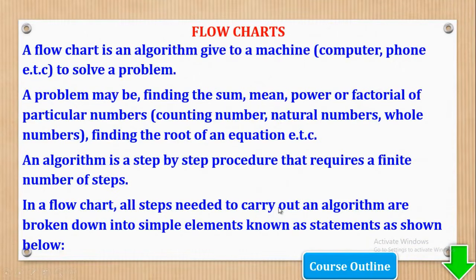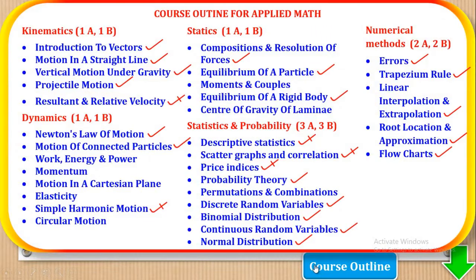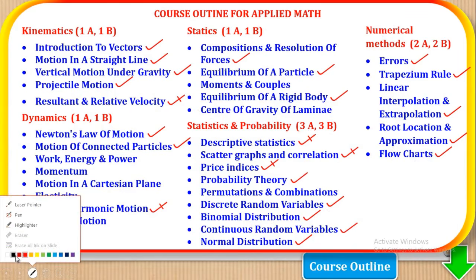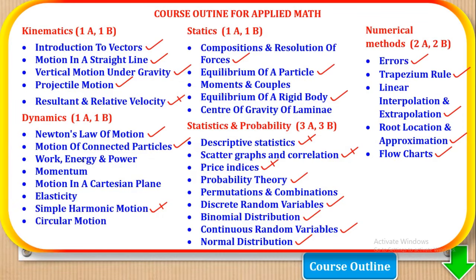Before we go any further, let's first look at the progress on this platform. Whatever is ticked has been covered, and today we are covering flowcharts, which marks the end of numerical methods. What will be left is very few topics: topic 1, 2, 3, 4, 5, 6 and 7.